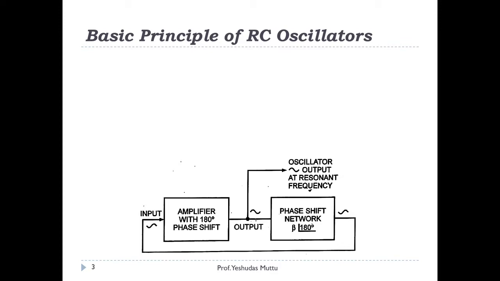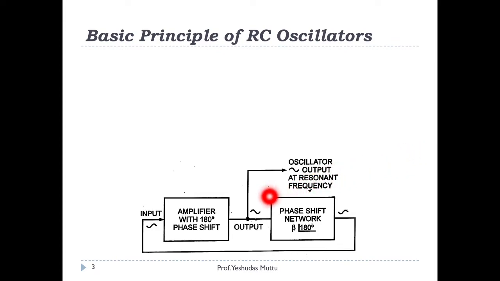First, we'll know the basic working principle of RC oscillators, wherein you have an amplifier which will provide 180-degree phase shift, and a phase shift network which is going to provide another 180-degree phase shift. So the total phase shift in the loop is 360 degrees.